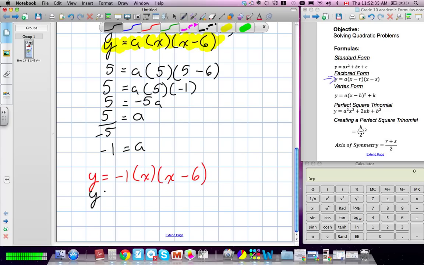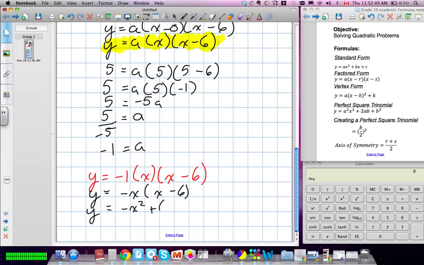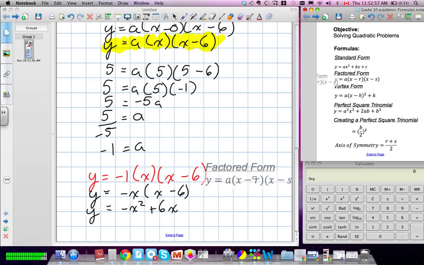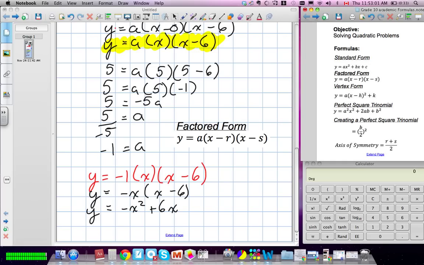Y equals negative 1 times x is negative x times x minus 6. I'm going to distribute the negative x. We're going to get y is equal to negative x squared plus 6x. So by expanding, we've gone from factored form to our standard form.